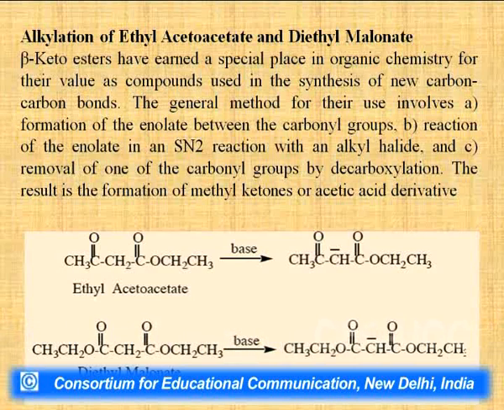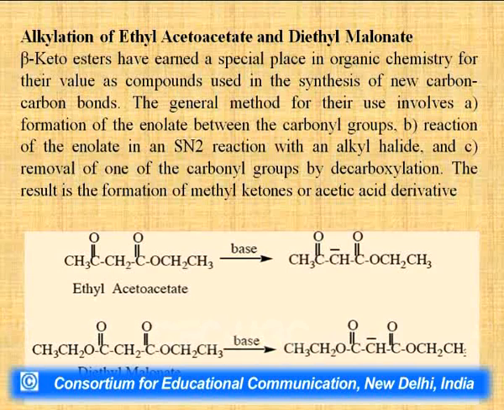The general method involves formation of the enolate between the carbonyl groups, reaction of the enolate in an SN2 reaction with an alkyl halide, and removal of one of the carbonyl groups by decarboxylation. What is decarboxylation? Removal of carbon dioxide. The result is the formation of methyl ketones or acetic acid derivatives.